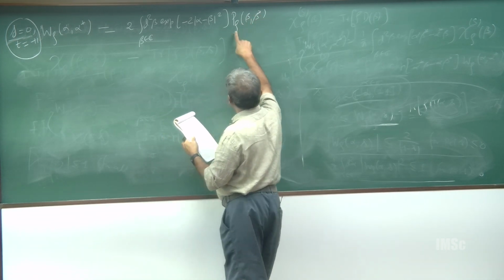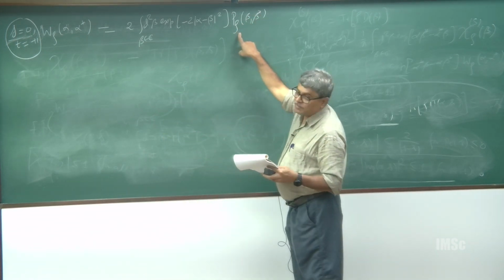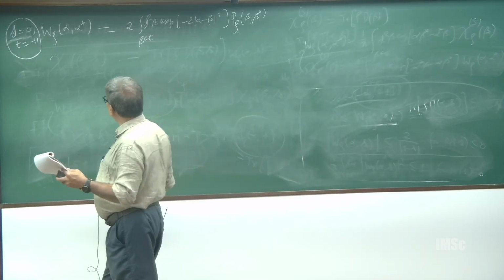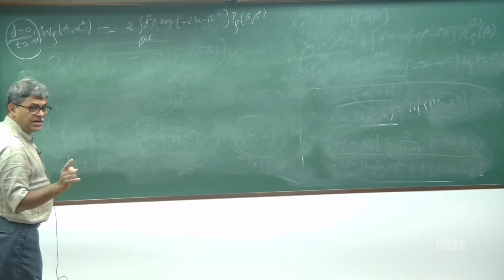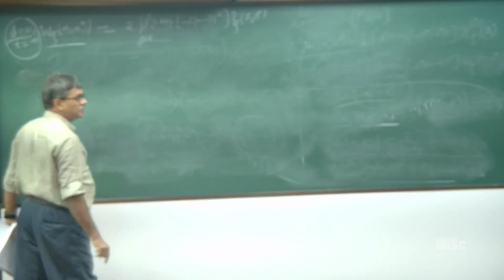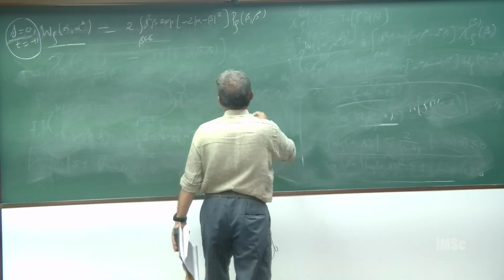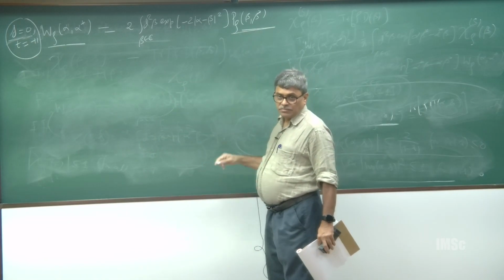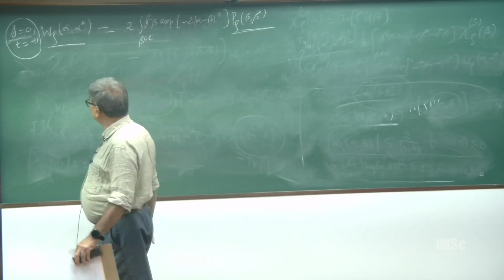Why p rho? Because this corresponds to t is equal to plus 1, which is the Glauber-Sudarshan p distribution. So, you see that the Wigner function of the density matrix can be obtained by Gaussian smoothing of the p distribution function. Okay.